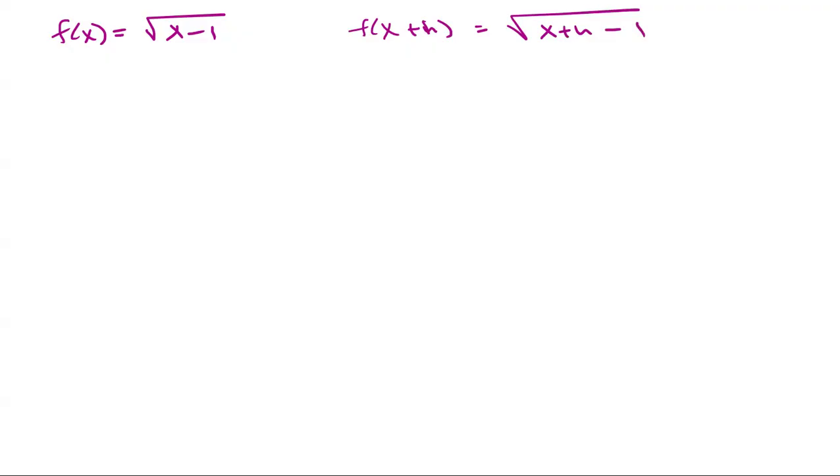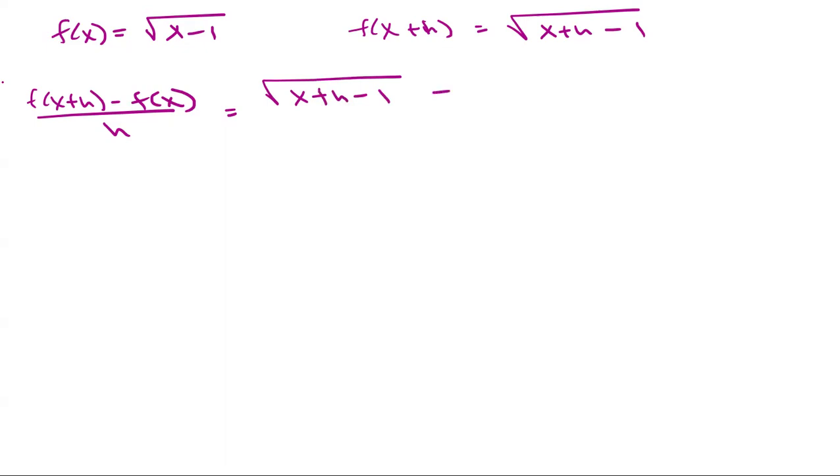Okay, so these are the two types of information that I need to plug into my difference quotient. So f of x plus h is going to be this here, and then minus f of x, the square root of x minus 1, divided by h.